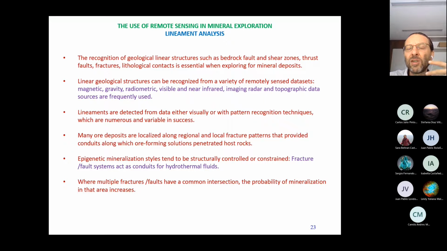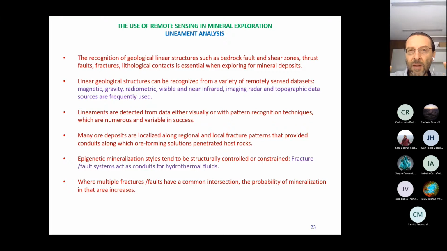So you have a larger probability that fluids that came along one of these lineaments met another fracture, for instance, and there was a change in the chemical conditions, a change in the pH, for instance, and that would lead to the precipitation of metals.